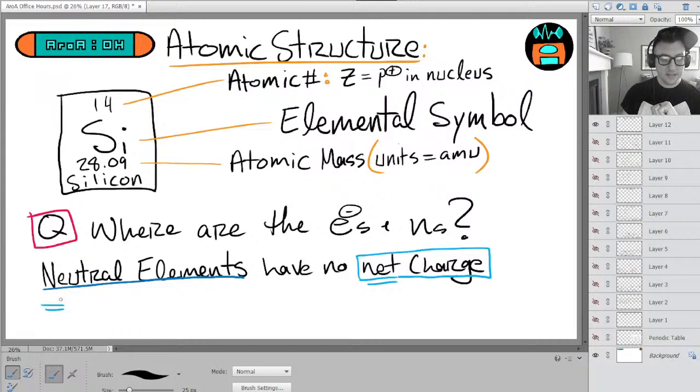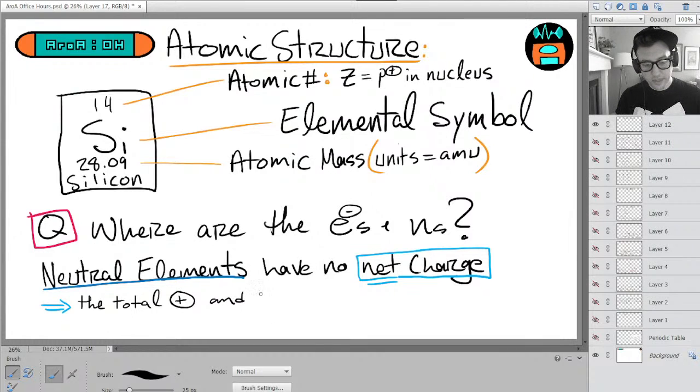This means that the total positive charge and the total negative charge cancel.